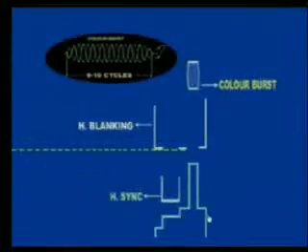At the same time, to stabilize the burst gate circuit, it contains the sync pulse duration, which is 4.8 microsecond, and also the blanking pulse duration, which is 12 microsecond.